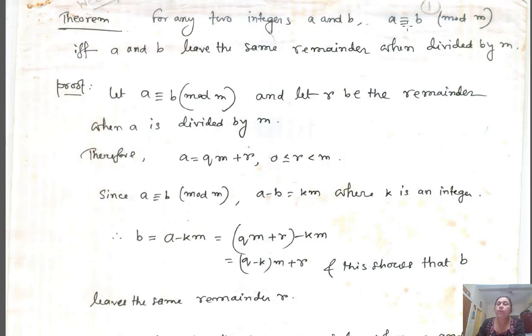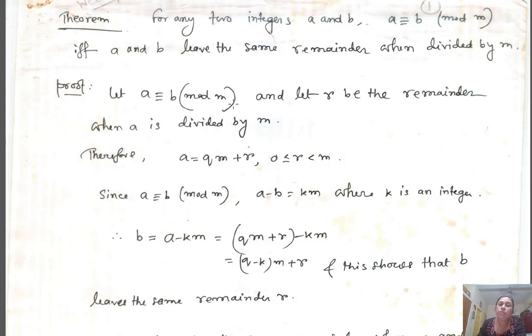How do we define a congruent to b modulo m? It means m divides a minus b. So if this congruence holds, a and b leave the same remainder when divided by m, and the converse is also true. If a and b leave the same remainder when divided by m, then you can prove a is congruent to b modulo m. Using the division algorithm, you can easily prove this.